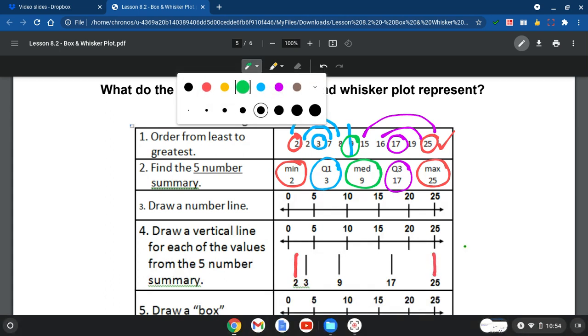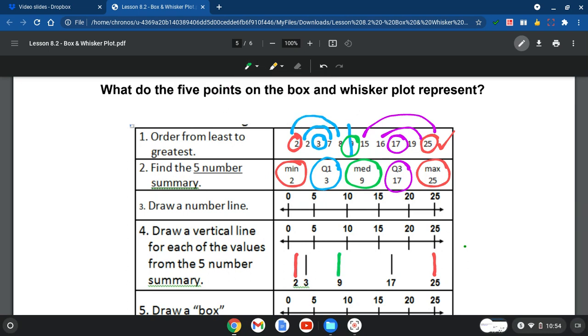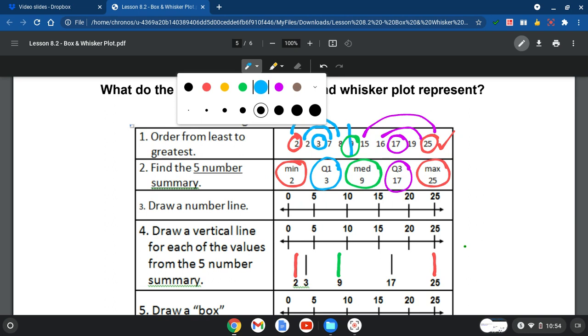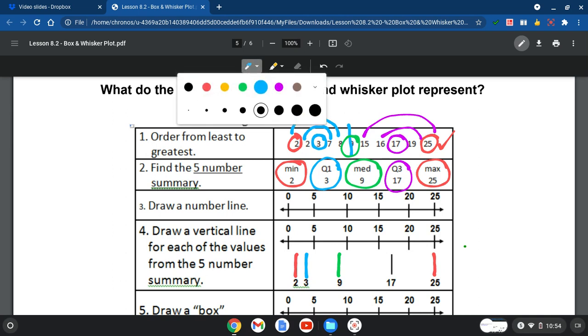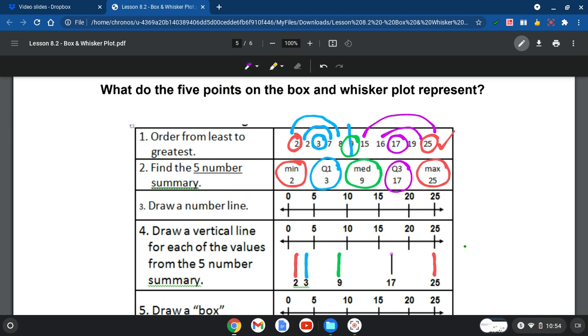We have a vertical line for the number 9, which was our median. We have a vertical line for our number 3, for our first quartile or our lower quartile. And finally, we draw a line for our number 17, which represented the third quartile or the upper quartile.